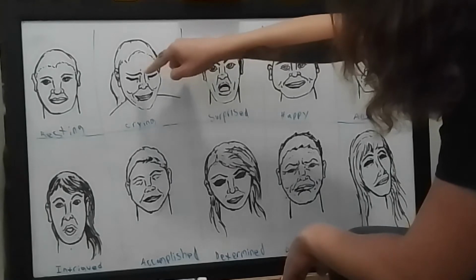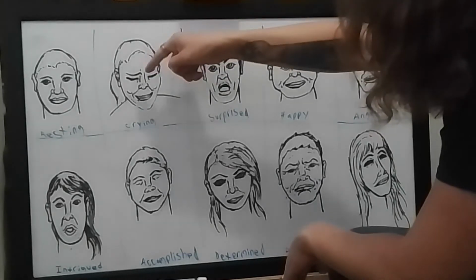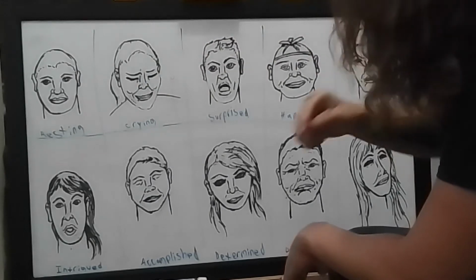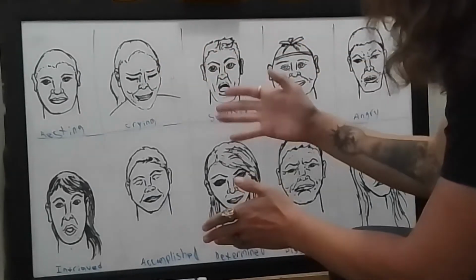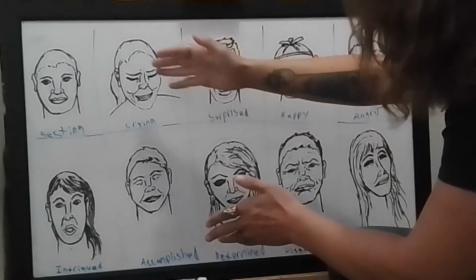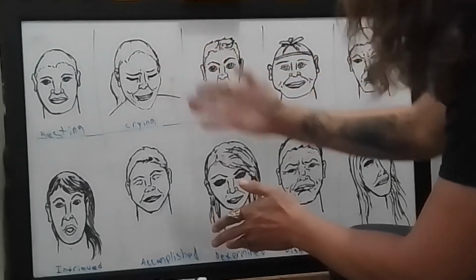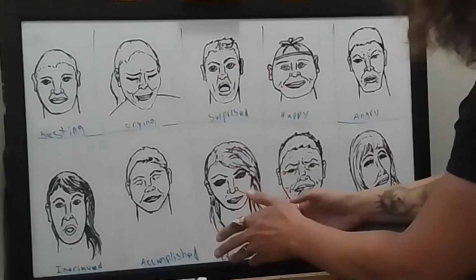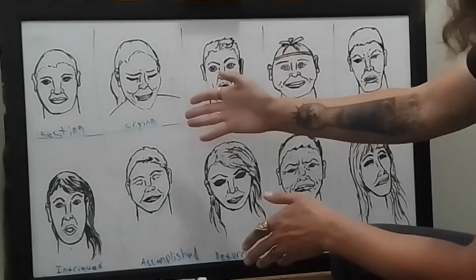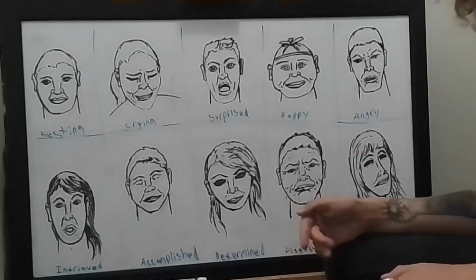The eyebrows are turned up as well, but you see these tension lines here. And I didn't even draw any tears coming down, like actually crying, because I wanted to show just this expression all by itself. Even without that, you can see this person is feeling pretty bad right now.